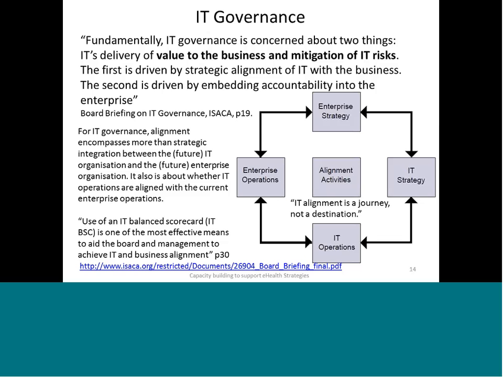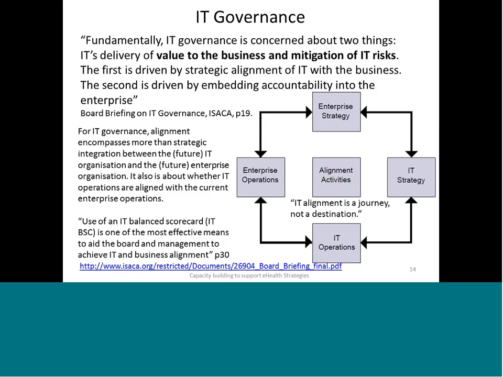And one of the things that is suggested as a very effective way of helping the board or the management of an organisation, whether this is at national, regional or hospital level, to get the right information to make these sorts of judgments is what's called a balanced scorecard, a BSC as it's sometimes abbreviated. So that's what we'll consider in just a moment.